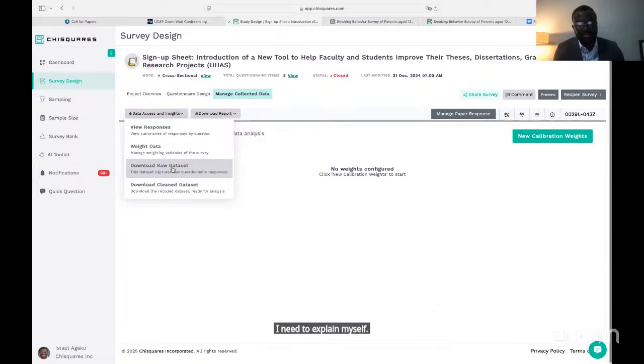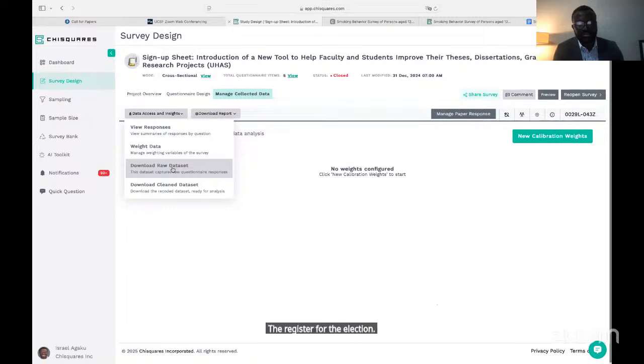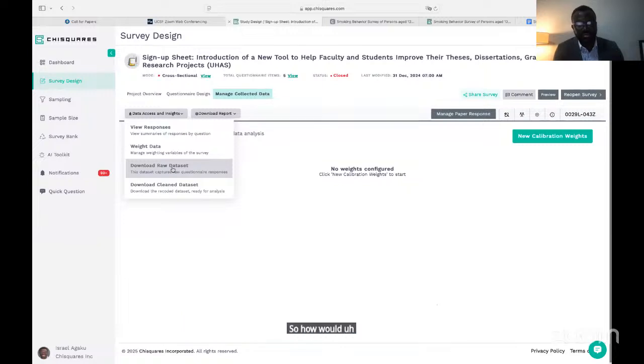These local governments do not have the same number of registered voters for the election. So how will I go about distributing it according to the size of the local government?